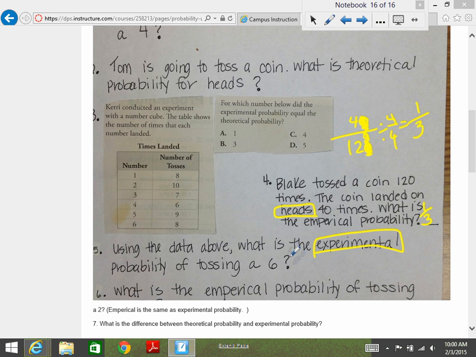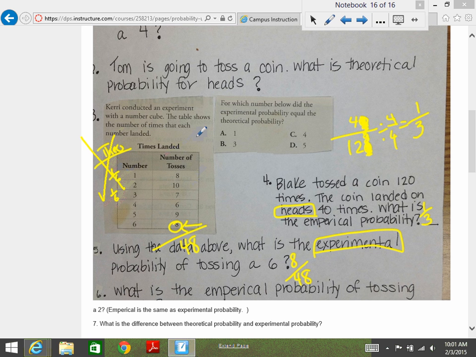What'd you say, Genesis? Why did you choose 8? Because he tossed a 6 8 times out of 48 total. Somebody said 1/6. 1/6 is the theoretical, and we even labeled that over here. If you're taking notes on your study guide, you would see that. I even labeled that for you earlier. I didn't ask for theoretical.